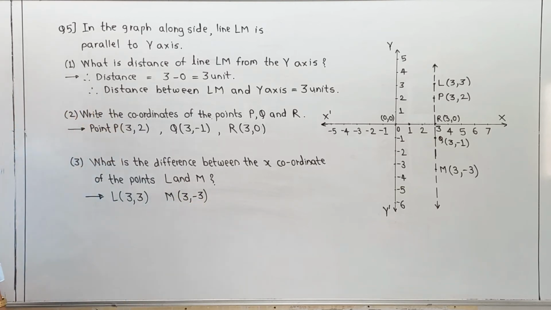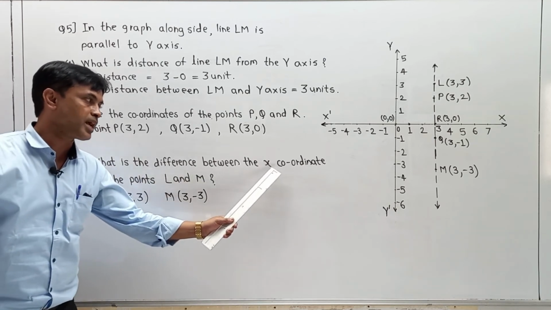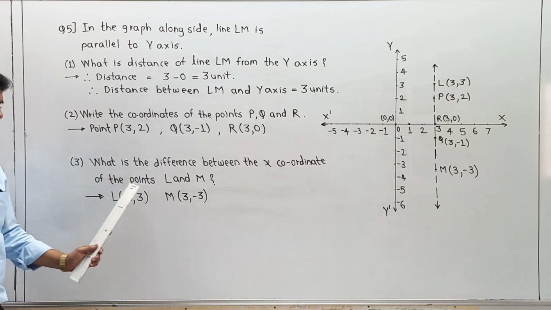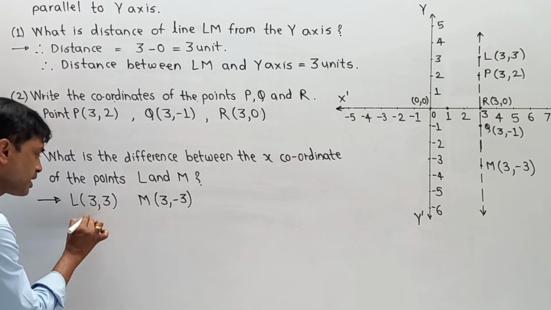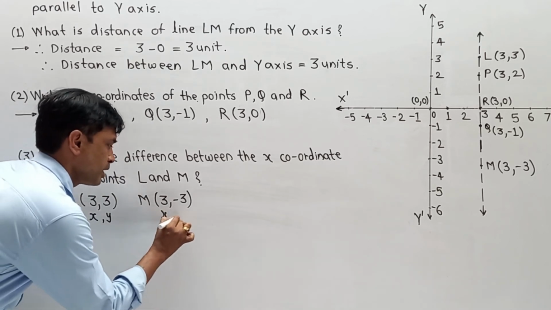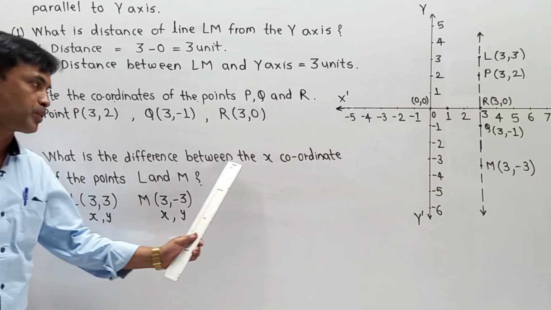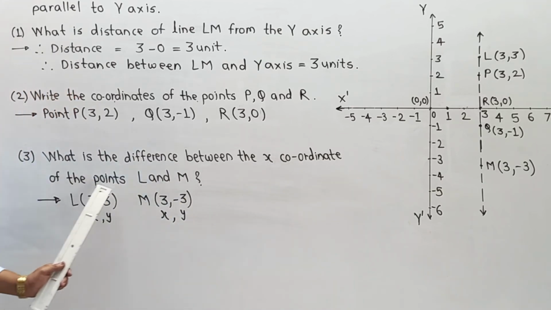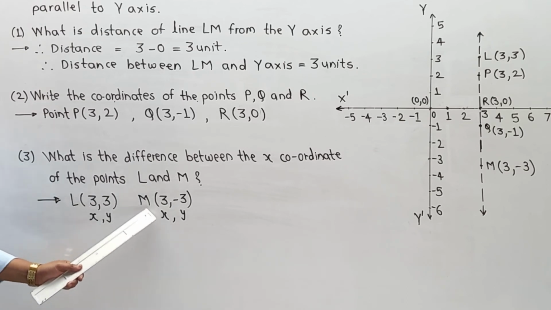Now please read their question very carefully. What is the difference between the x coordinate of the points L and M? L has a coordinate (3, 3), where 3 is the x coordinate and the other is the y coordinate. For M, it is an x coordinate and a y coordinate. And now their question is quite tricky. L has an x coordinate value of 3 and M has an x coordinate of 3, means it is the same.